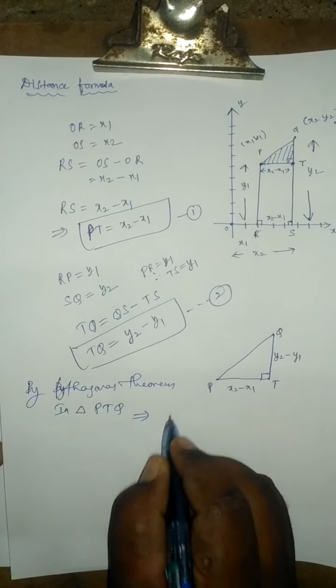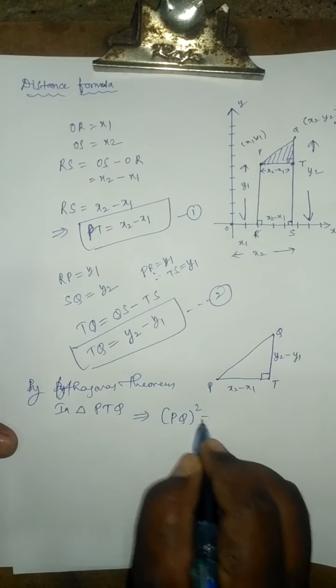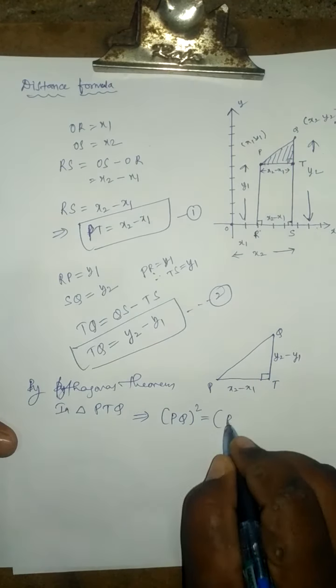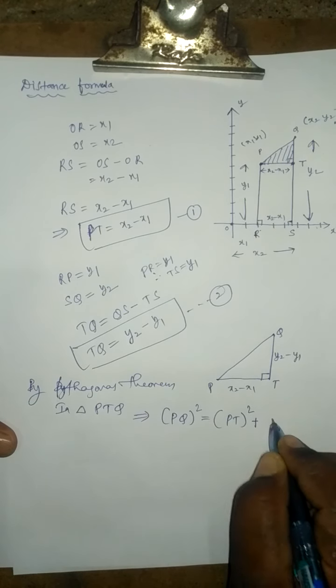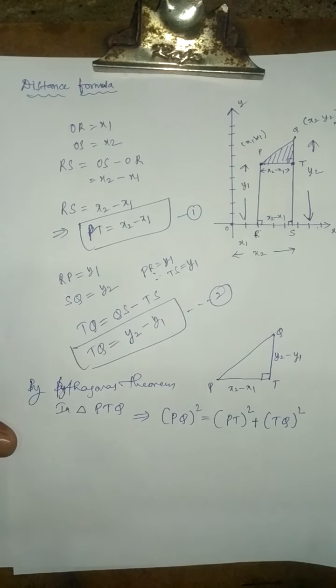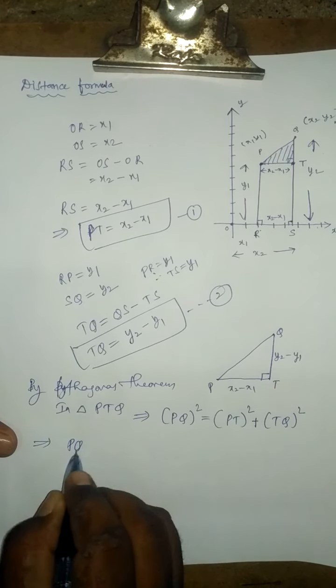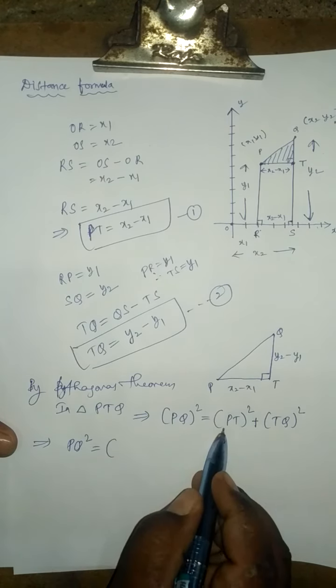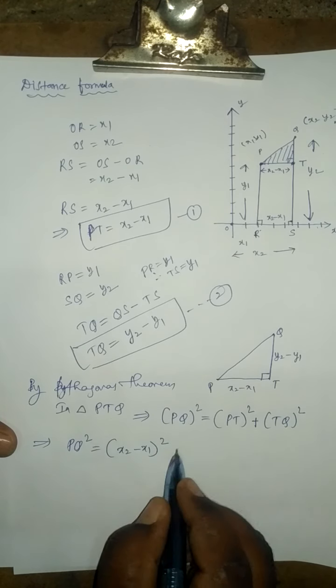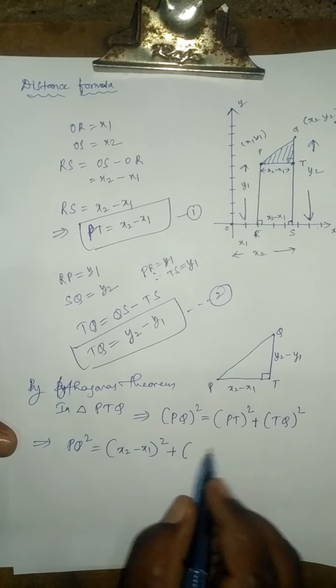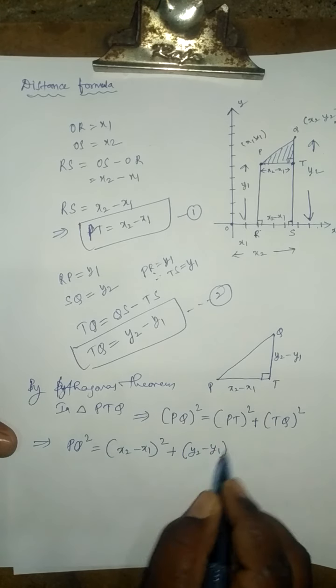So here hypotenuse is PQ, PQ square that is equal to, how to write? PT square plus TQ square. So which implies PQ square that is equal to PT is x2 minus x1 whole square plus TQ is y2 minus y1 whole square.